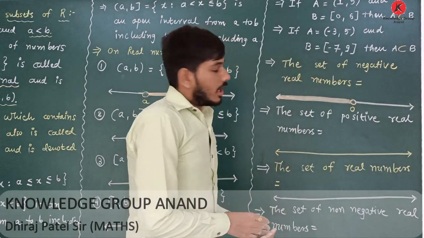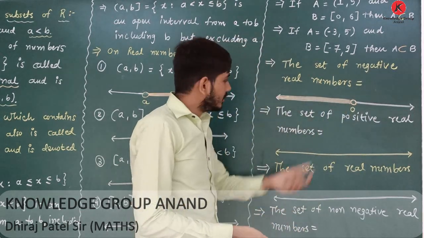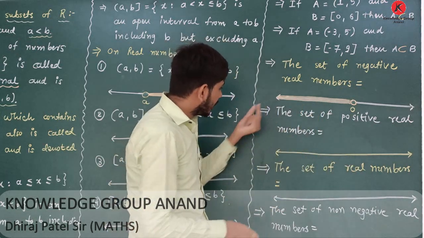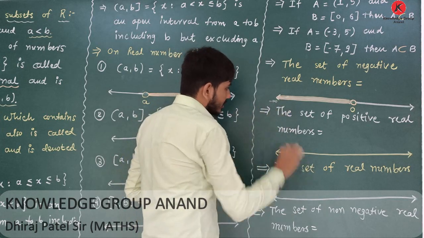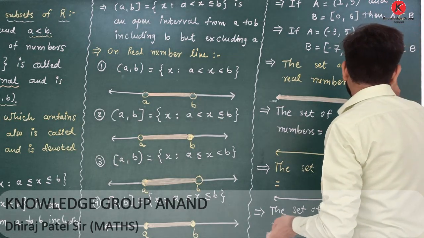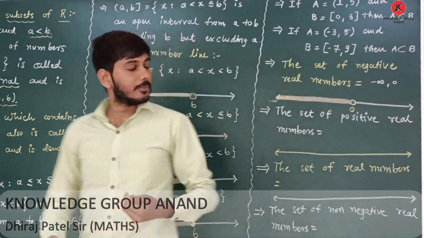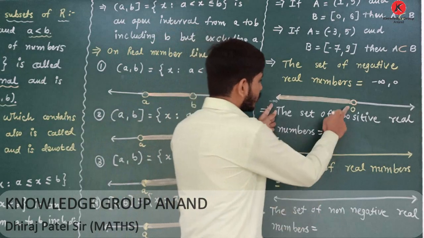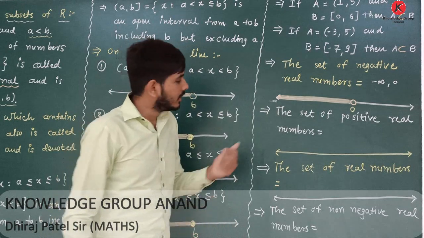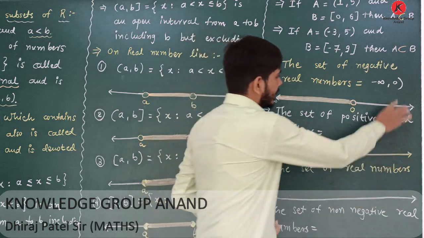Now, how can we represent this in interval form? Here the numbers go towards minus infinity. Therefore, on the left-hand side we use minus infinity, and on the right-hand side 0 is there. From minus infinity to 0, all the real numbers lie between minus infinity and 0. You cannot include 0 here, therefore an open interval on that side.